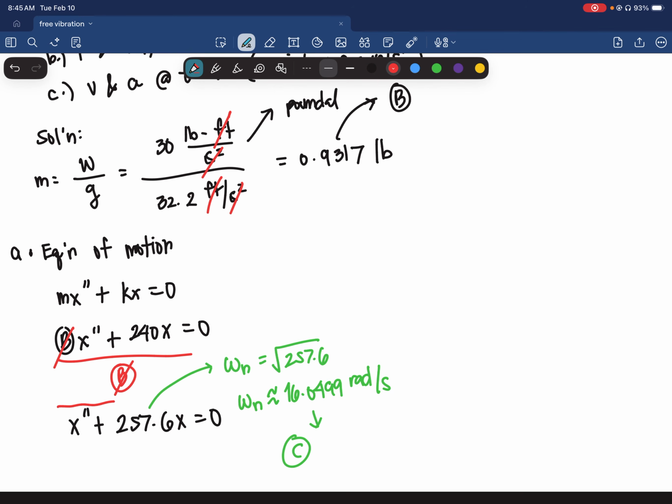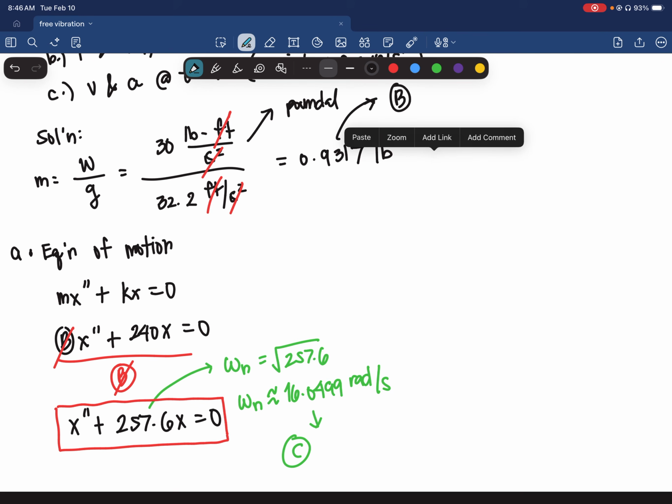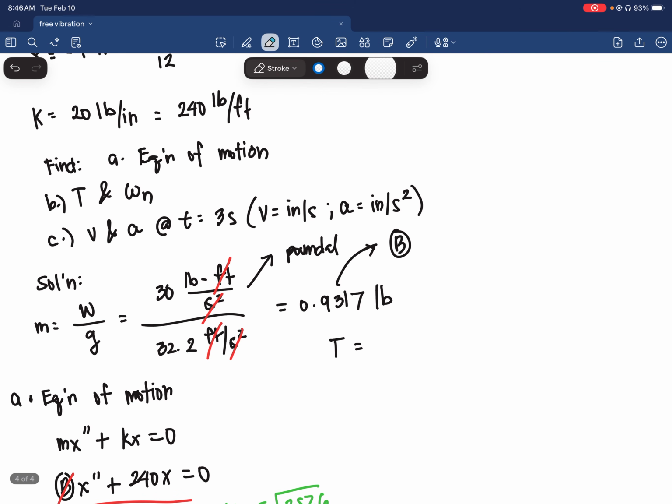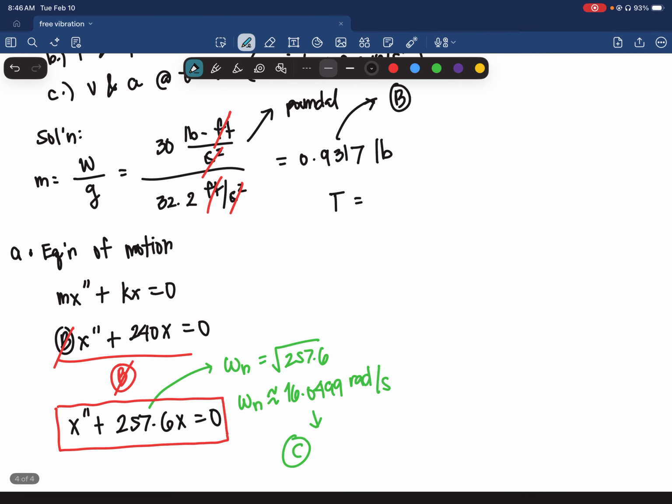That's how it is. Now, let's get the period. Actually, what's asked is the frequency. The natural frequency, F. This is just the angular frequency. So, I stand corrected there.